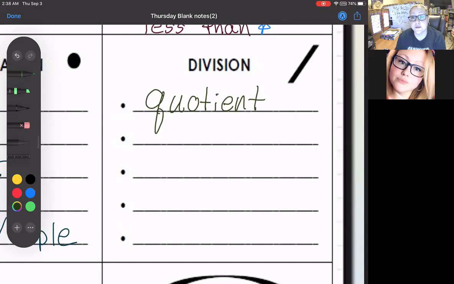We're going to add that one to our vocabulary if it's not already there, because I promise you, that one trips me up all the time. That's why I always put it first. Quotient. Or separate.